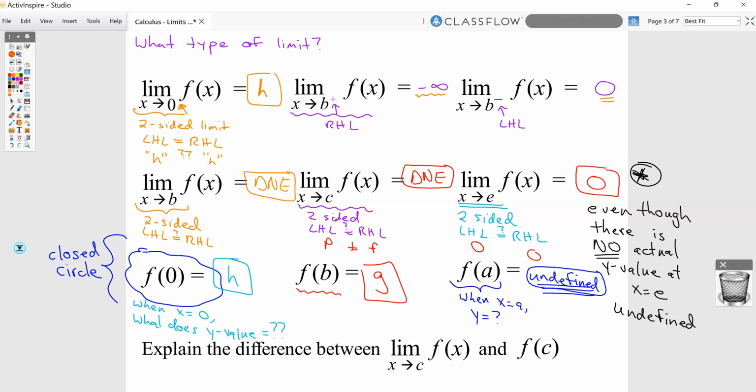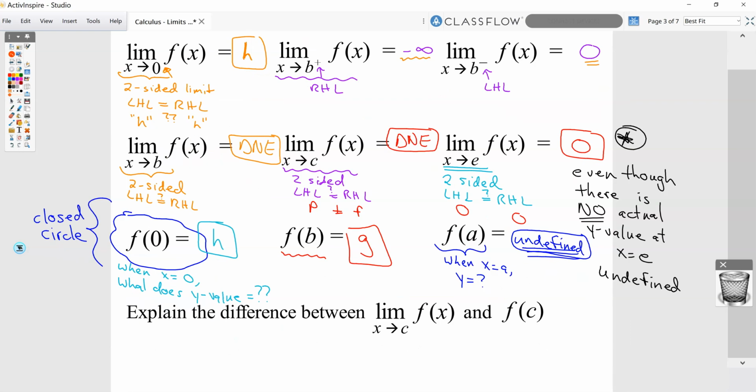All right, and then my last thing right here for us on reading the graphs and doing limits. Is there a difference, or explain the difference between the limit notation and the function notation? So the limit means as x gets close, but not equal to, in this case, the number c, right?